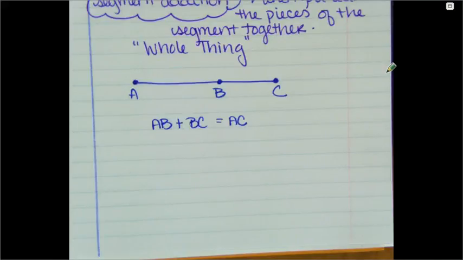So make sure you have 2 pages. One says segment at the top and the other one says perpendicular bisector. If you didn't get them, come get them.